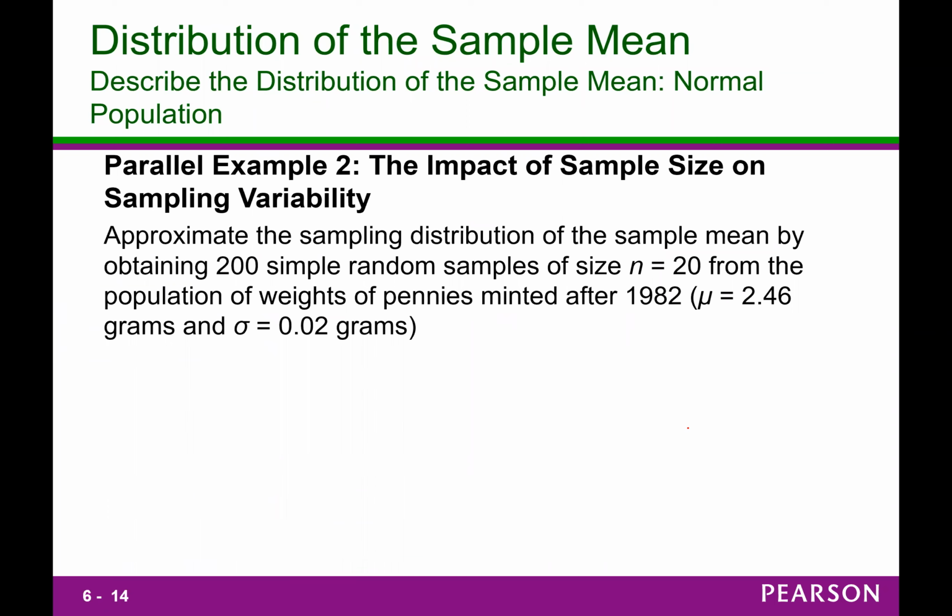Let's analyze in this slide, what is the impact of the sample size on the sampling variability? Actually, what is the best measurement of variability for data that is quantitative?